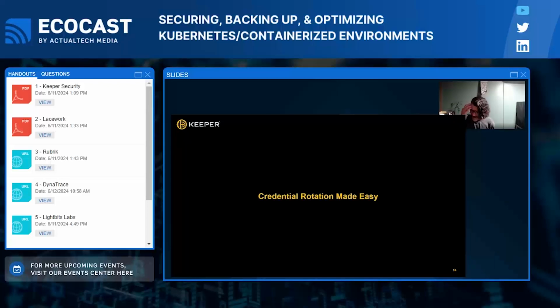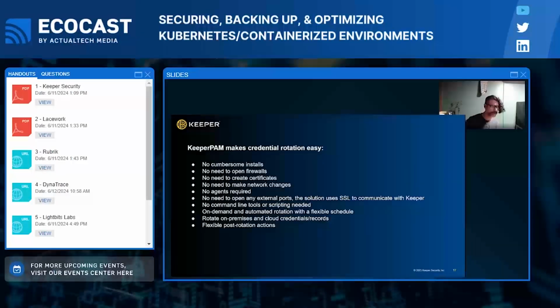I mean, credentials and password rotations, it's the bane of my existence. It's horrendous. So Keeper PAM makes credential rotation easy. And I absolutely love password rotations. This alleviates my life and my end user's life as well. My DevOps, especially, our life cycles here.